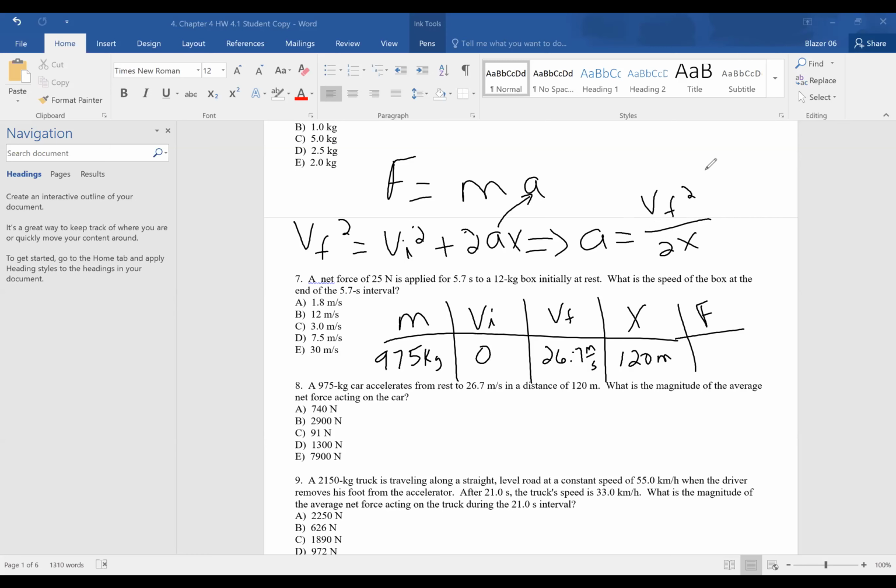So the first thing we know is that I can find the acceleration with what is given. But there is no real need to find this number as a number. Of course, you could, but if I were you, I would simply say F equals ma, which is m, and a now is v final squared over 2x.